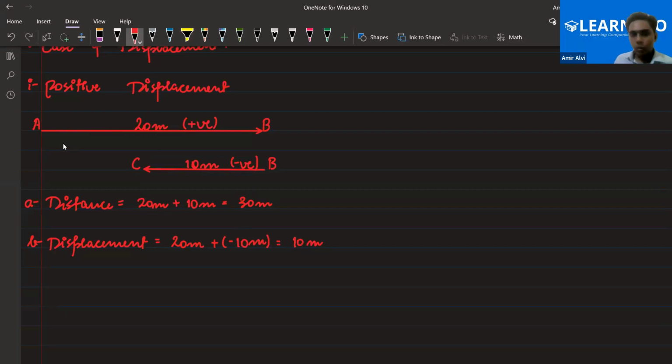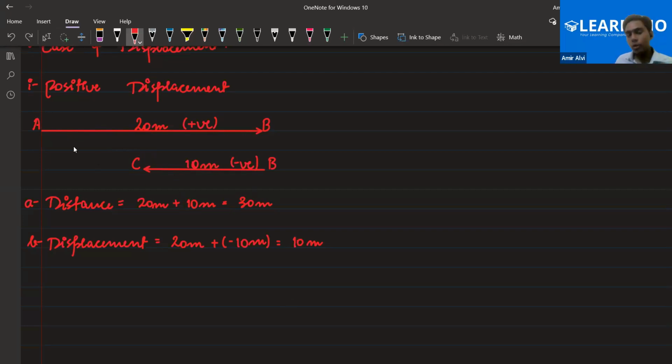If we take the shortest path between A and C, it is just 10 meters. Anam, Sarah, Astitva? Yes, sir. Is this clear and understood?